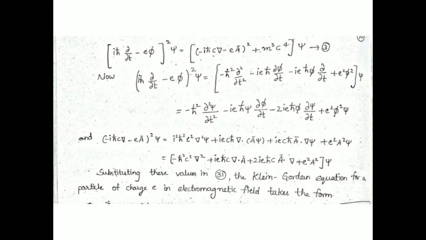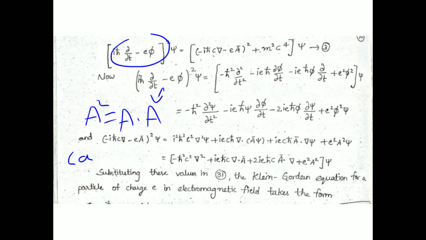So first taking the left hand side part. Here we can see (i h-cut ∂/∂t minus eφ) whole squared xi. Now if we expand this square, it could be written as A into A. But here A is of the form a plus b, so (a plus b) into (a plus b).